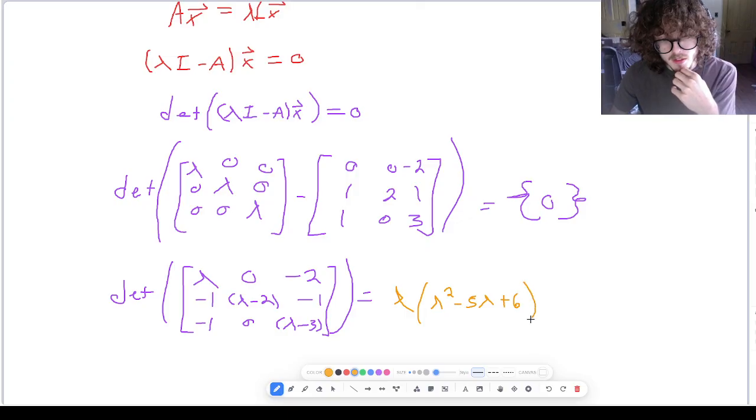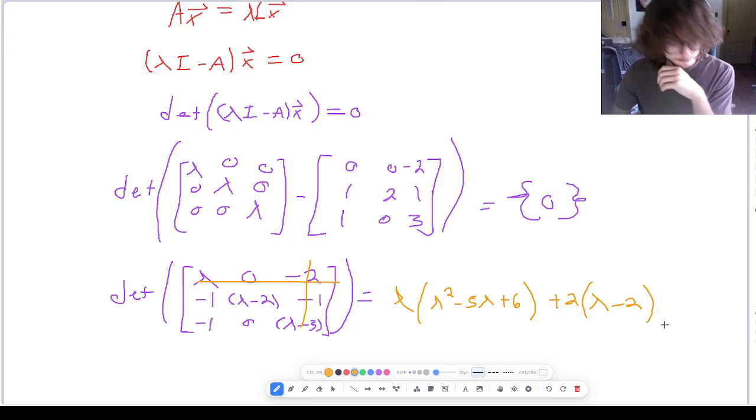And right, this doesn't work because it's 0. Then we subtract. We're doing this. So we're going to add 2. Lambda minus 2. Okay. I think that's right. Let me double check my work. You can get caught up if you are just being silly.